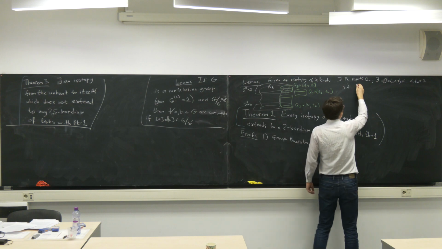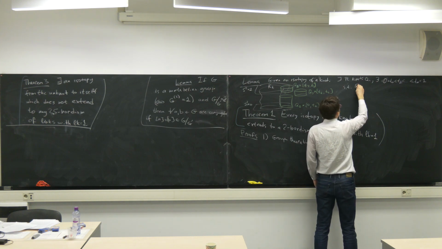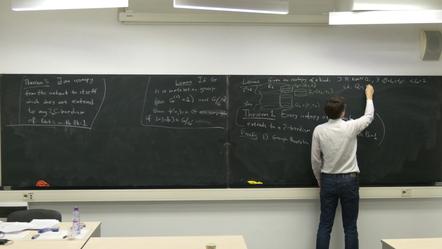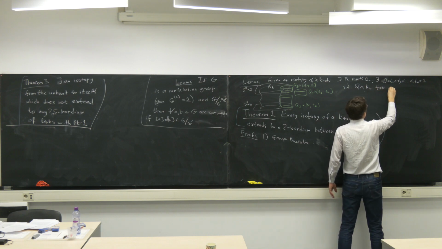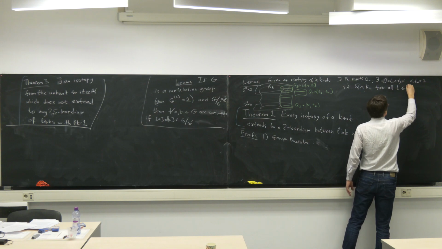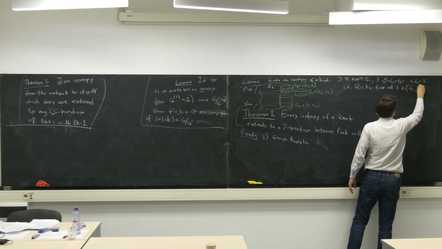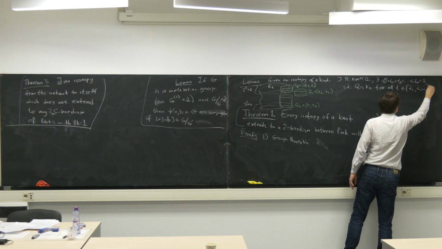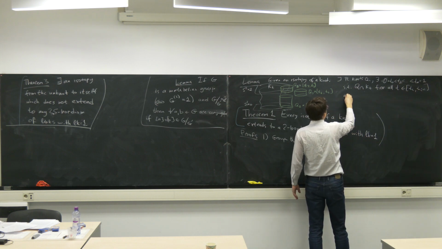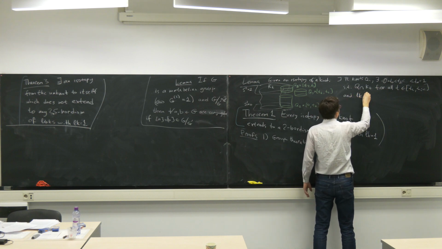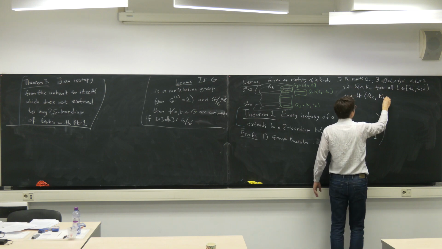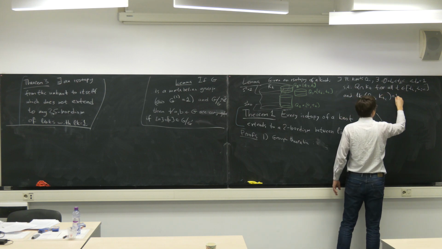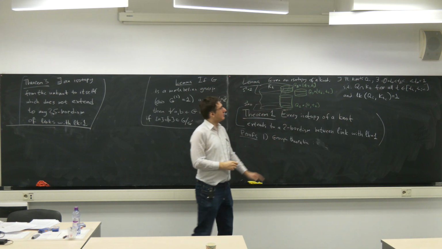And Qi is disjoint from Kt for all T in the segment from Ti to Ti plus 1. And also the linking number of Qi and, for example, Kt is 1. Okay, now it is stated formally.